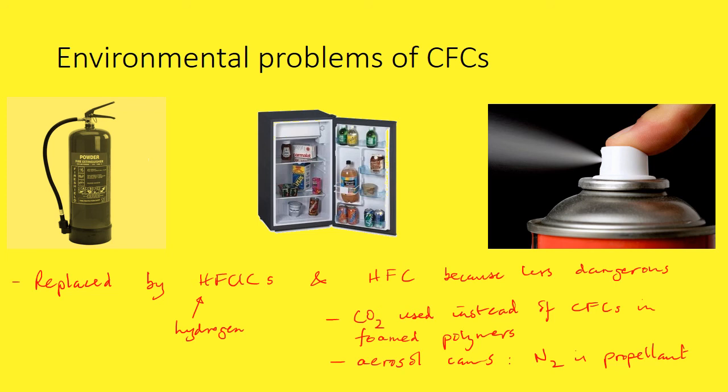Let's say it's a deodorant. It propels the deodorant molecules from the can onto your skin. And some of the aerosols are also pump action now as well, which clearly is going to be safer. So there's 2 or 3 ways of solving the environmental problems of CFCs, and that brings us to the end of this lesson. So I hope that's been clear for you.